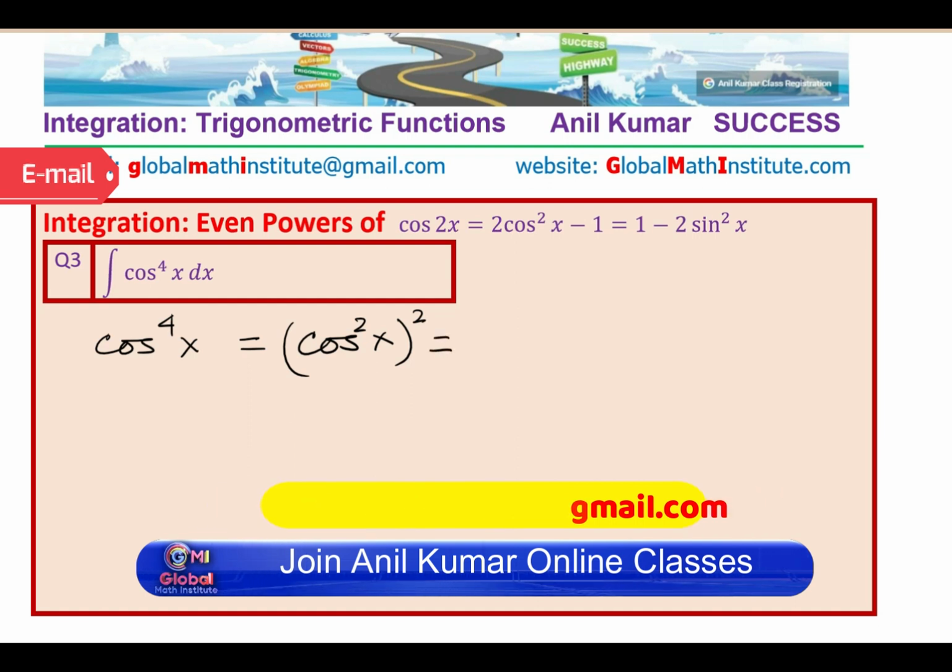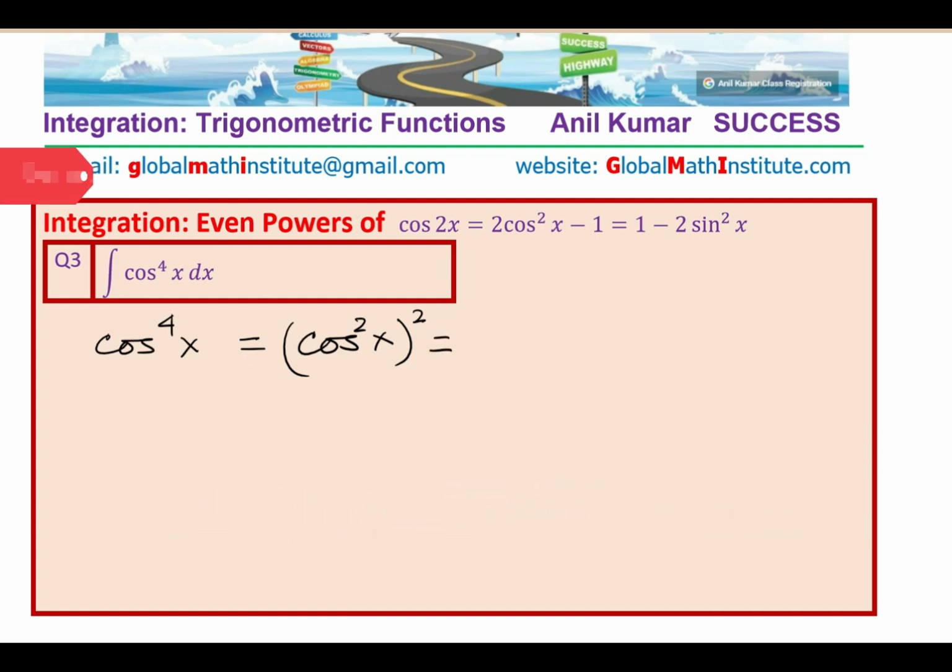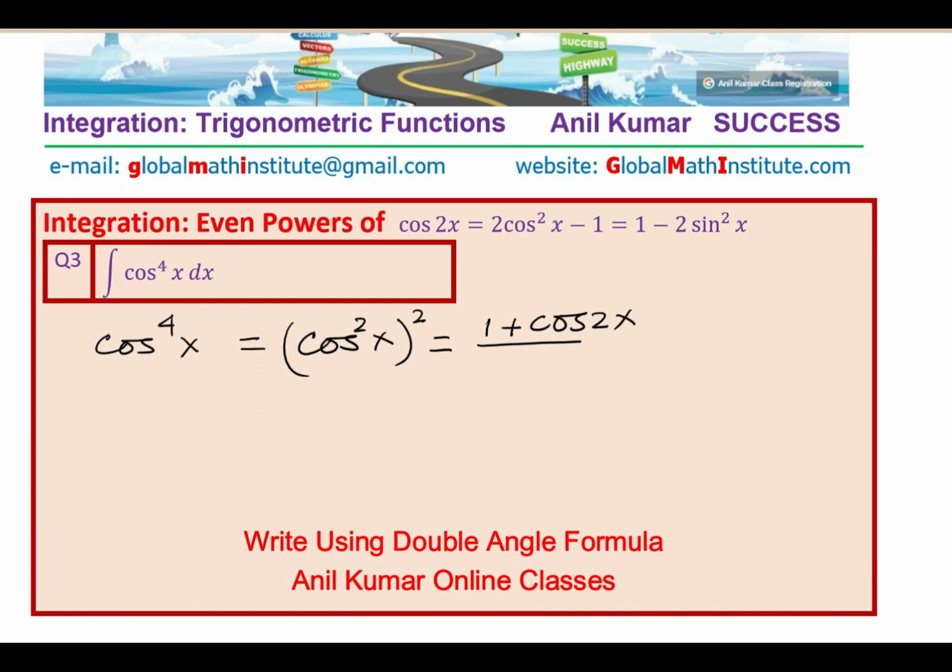And we know what cos²x is. cos²x is half of 1 plus cos 2x, whole square, correct? And this can be written as 1 plus 2ab, which is 2 times cos 2x, plus cos²2x, right?